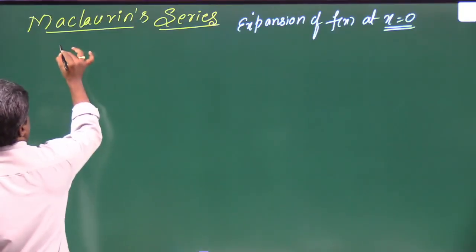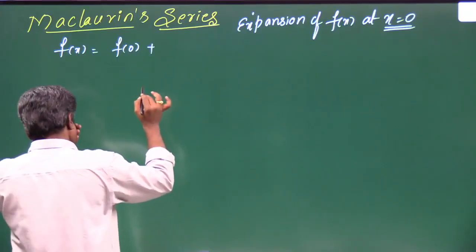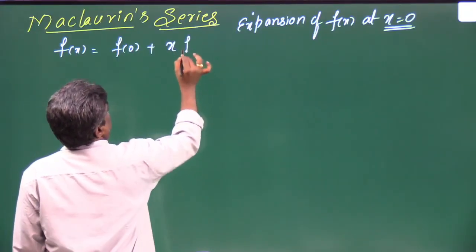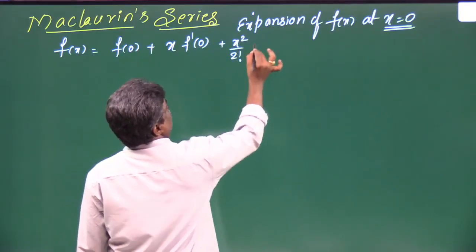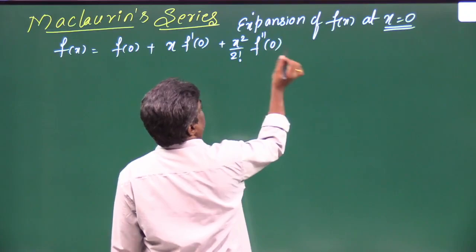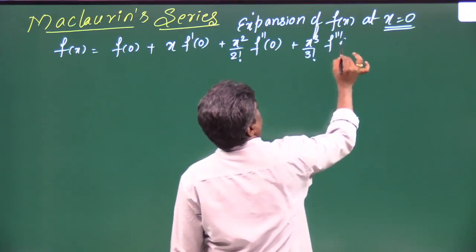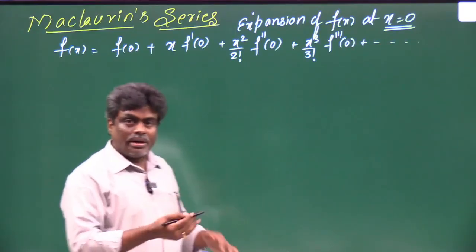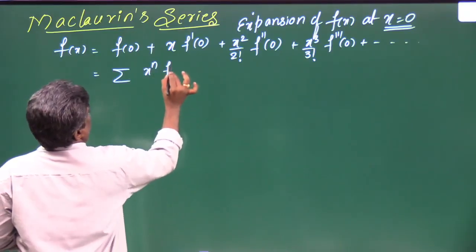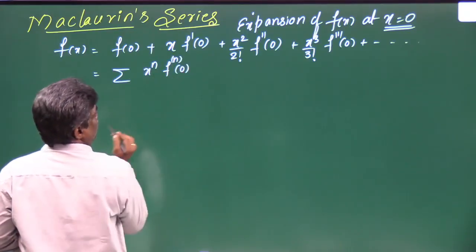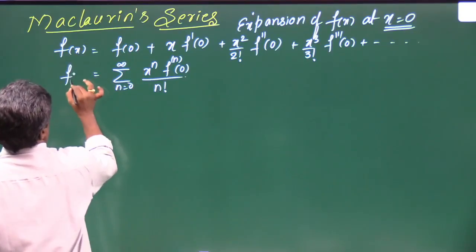Now let me write it one more time. f of x is equal to f of 0 plus x into the first derivative of f at x equal to 0 plus x square by 2 factorial and the second derivative, plus x cube by 3 factorial and the third derivative, and so on. You can write it in the summation form also: the summation of x power n and the nth derivative at 0 by n factorial, where n is equal to 0 to infinity. That's it.